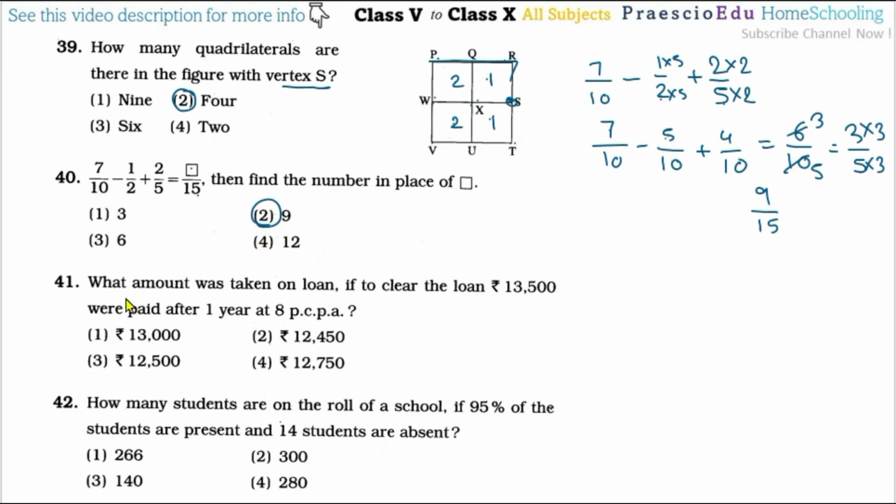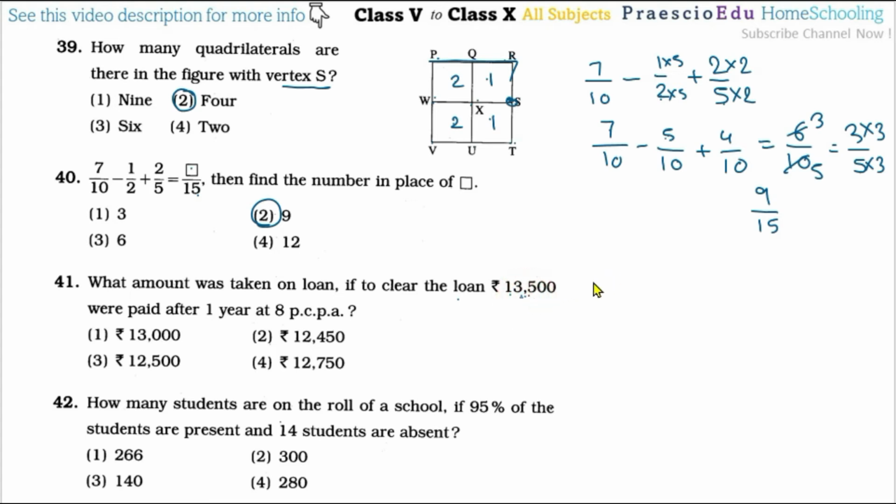Then question number 41, what amount was taken on loan if to clear the loan 13,500 was paid after 1 year at 8 percent per annum? Here we don't know the principal amount, but the amount required to clear the loan is given, that is 13,500.